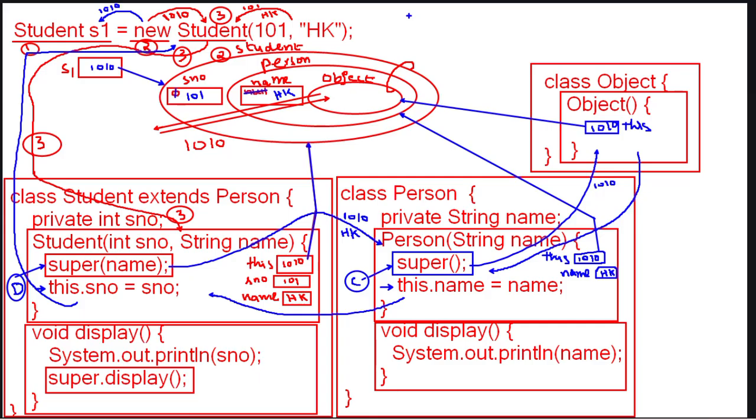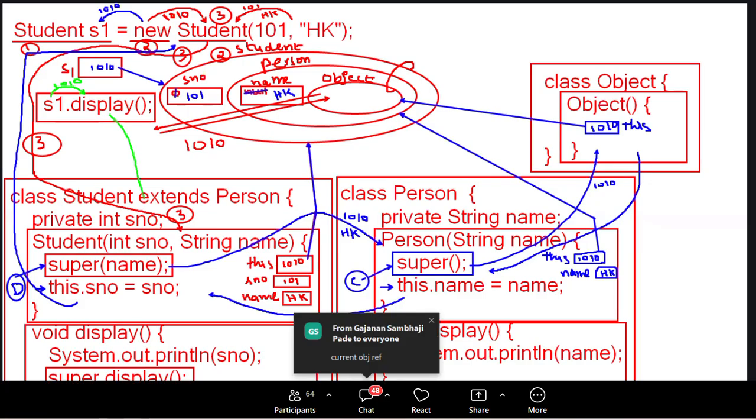Then you call S1 dot display. Tell me, if you call S1 dot display, what happened? It passes the current object reference, and control goes to the display method.